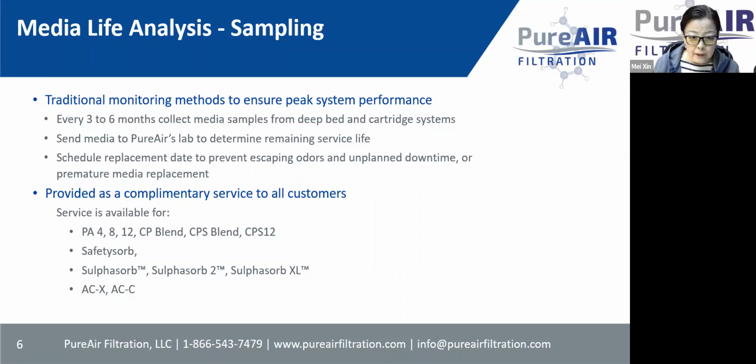And the last is ACX and ACC, which is our carbon product. Normally, this is for estimated remaining life for carbon product, and people know it's tough to measure carbon remaining life due to various reasons, but we can provide a generous estimate on the remaining life on carbon products as well.